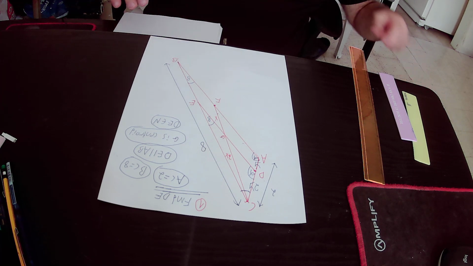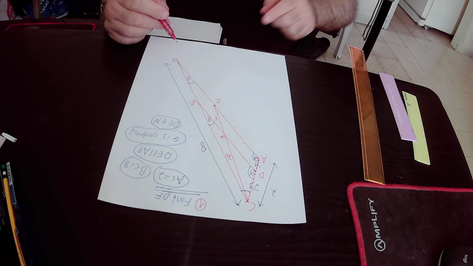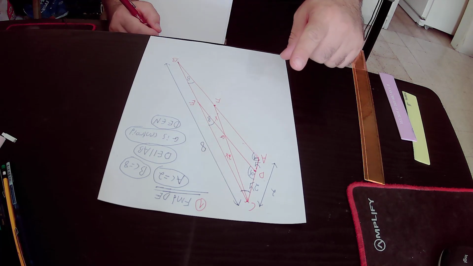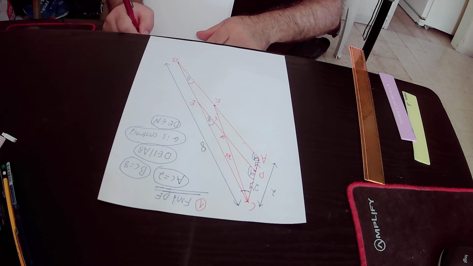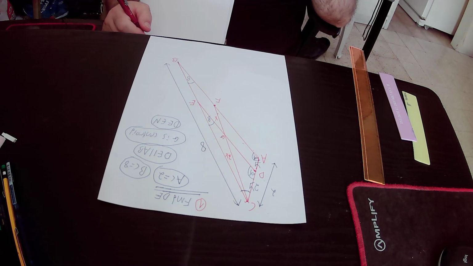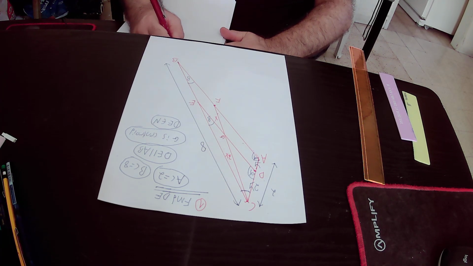If we relate to AB, AB will be smaller than AC plus CB, and side AB of triangle ABC will be greater in its size than the absolute value of the difference between CA and CB.